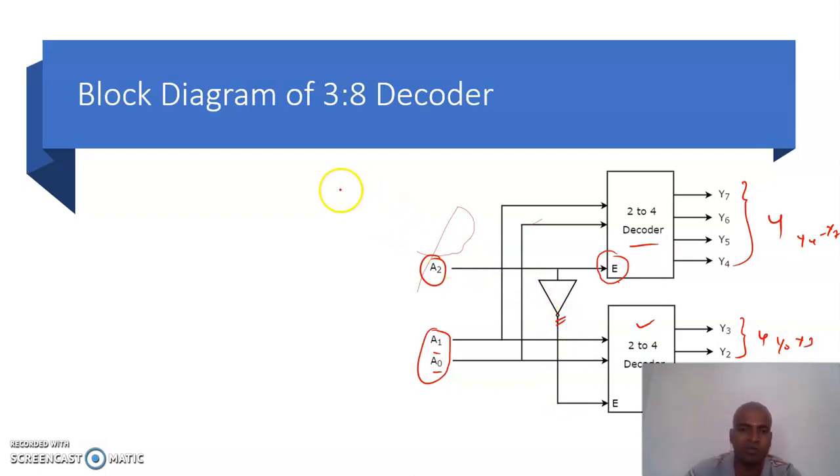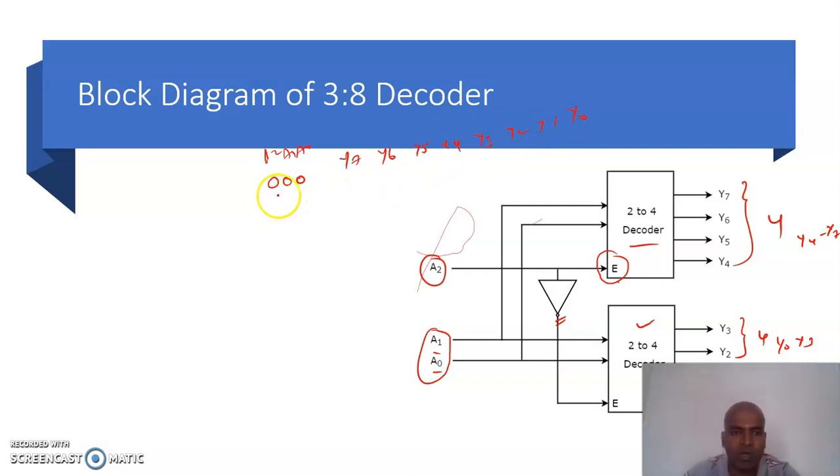If I construct the truth table, the inputs are 3 inputs, A2, A1, A0, and the outputs are Y7, Y6, Y5, Y4, Y3, Y2, Y1, Y0.